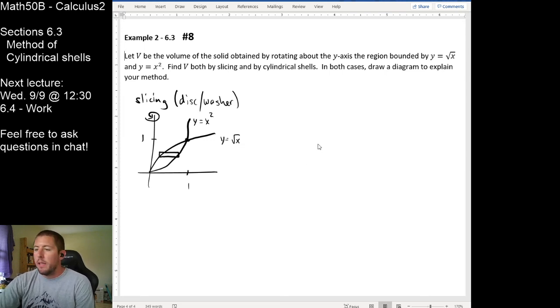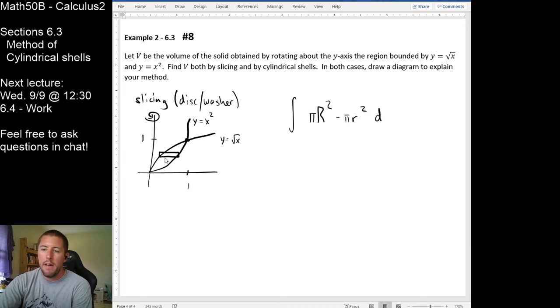So if I'm going to do my disk or washer method here, I'm going to set up an integral. I know that we're looking at some version of pi R squared minus pi r squared. And if I'm doing this disk or washer method, I am accumulating a vertical stack of these washers.